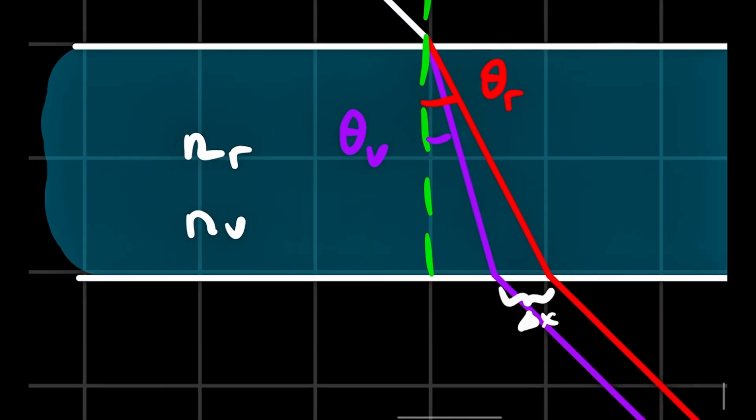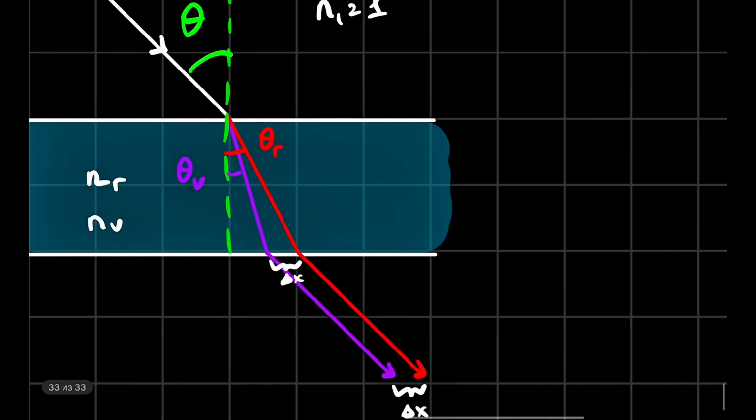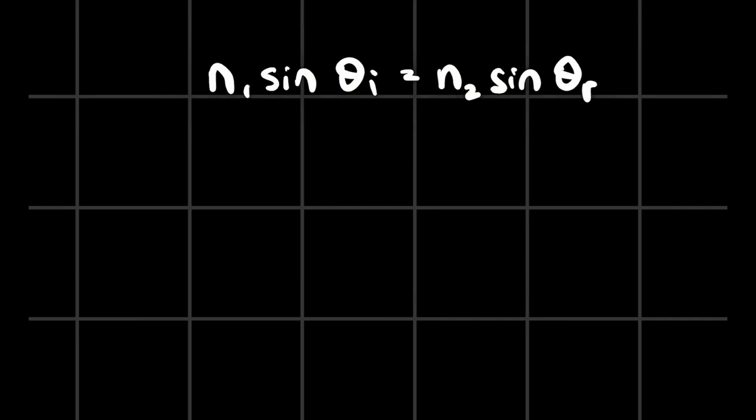To find theta violet and theta red, we write Snell's law: n1 sine theta incidence equals n2 sine theta refraction. Our n1 is air, so we can cancel this out. The angle of incidence is the same for both of them, and we have n2, which is different for our two colors.